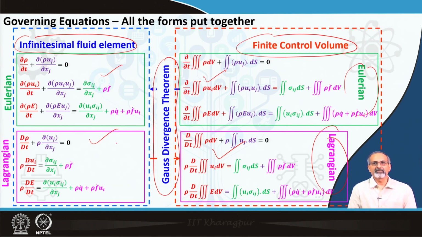In some of the forms, that is the Lagrangian forms, you see the use of the substantial derivative. And some of the terms may not always figure. For example, body force terms may not always figure in all kinds of flows. Viscous terms may not always figure. For example, if you are solving inviscid equations, then some of the terms will get simplified and so on.